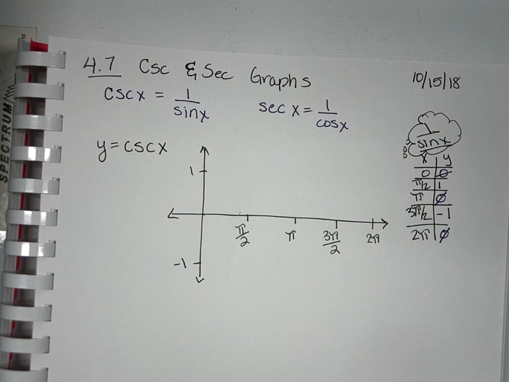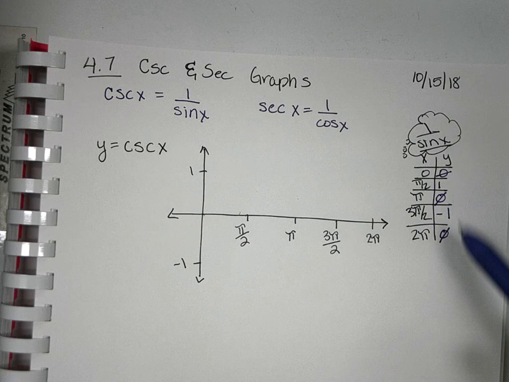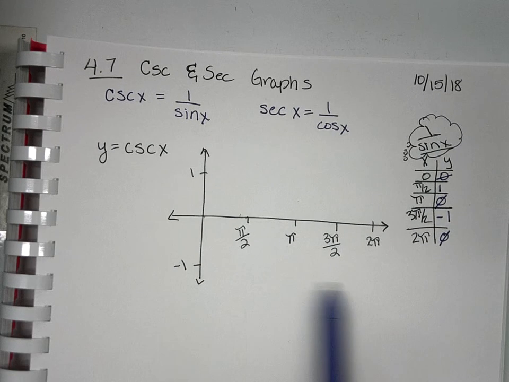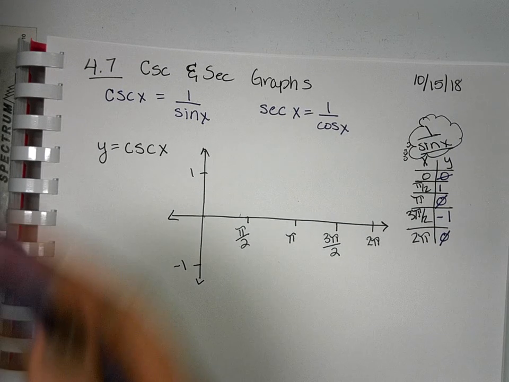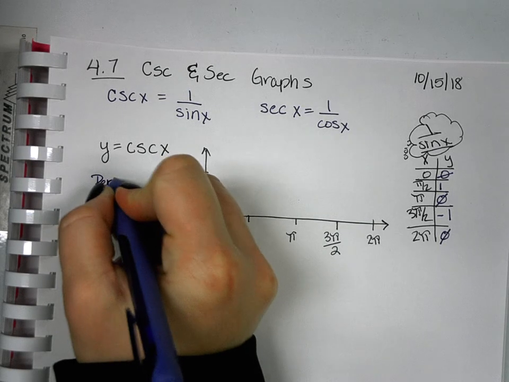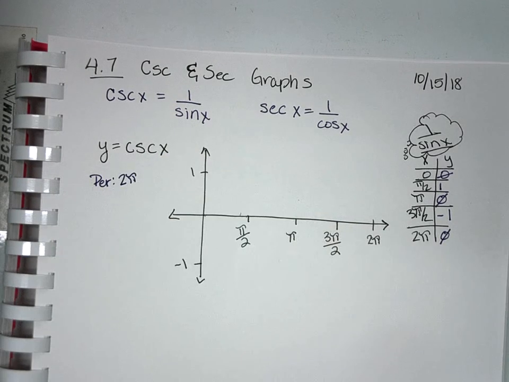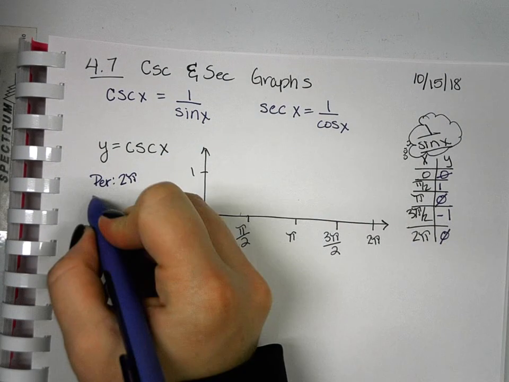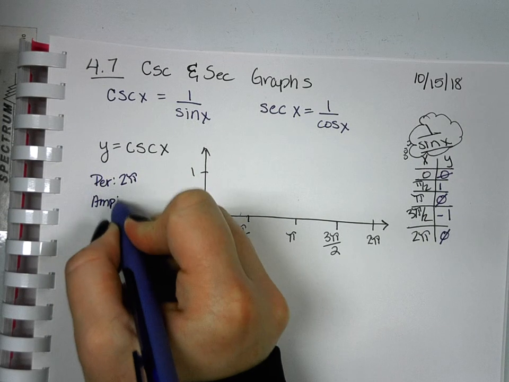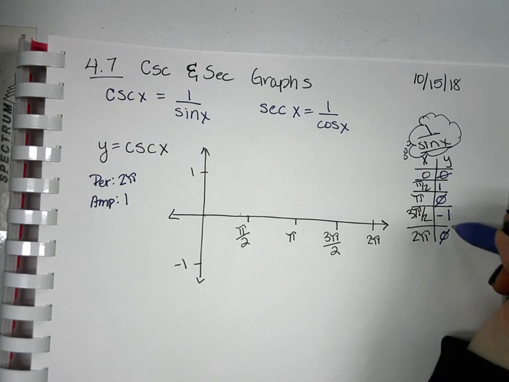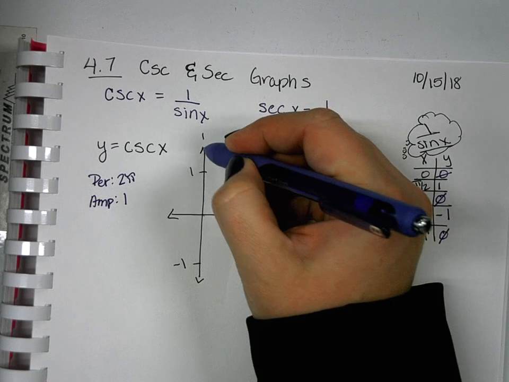So what I end up having in my graph is from 0 to 2 pi, which is still one period. So our period here is still going to have a parent graph of 2 pi. Our amplitude will still have an amplitude of 1 on the parent graph. But we're going to have asymptotes.